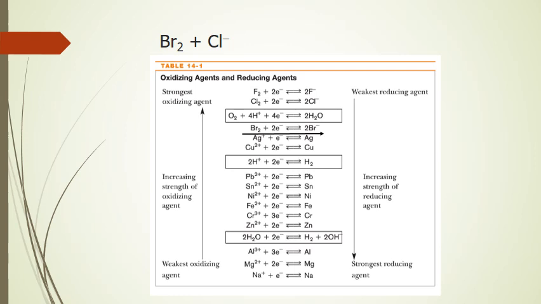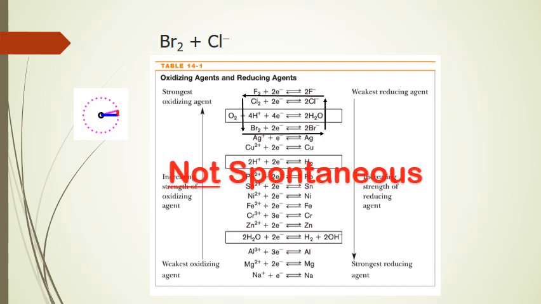There's our bromine, and there's our chloride losing 2 electrons. We connect head to tail, and we see that that is a counterclockwise motion, going against the direction that analog clocks go. Counterclockwise, non-spontaneous.